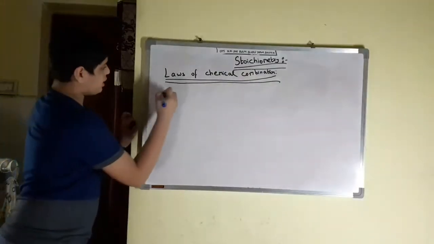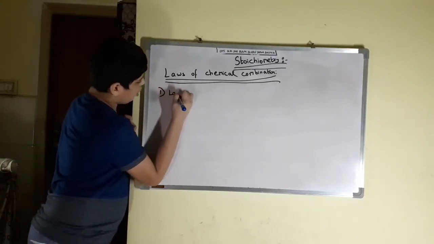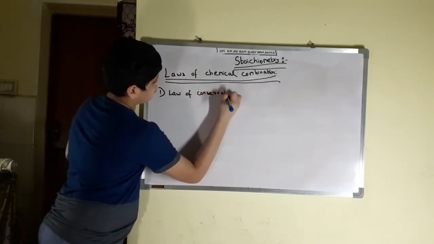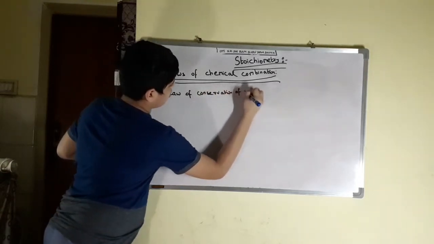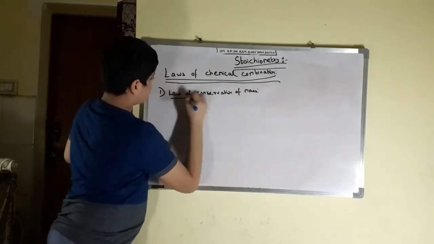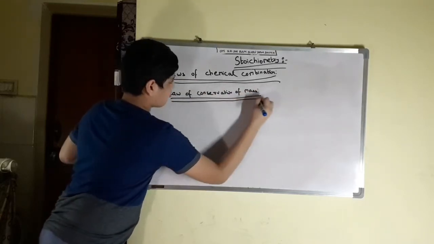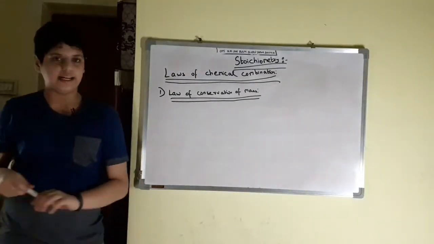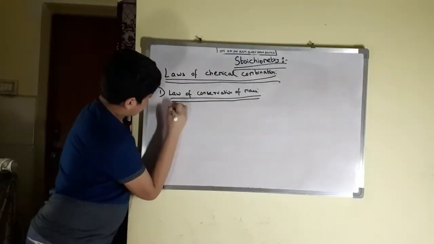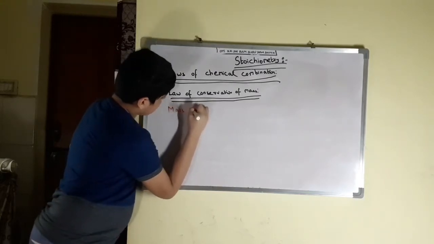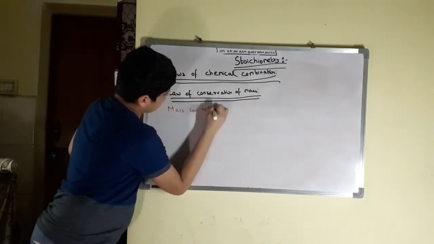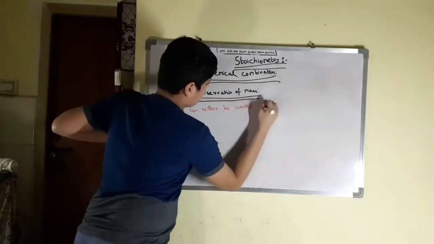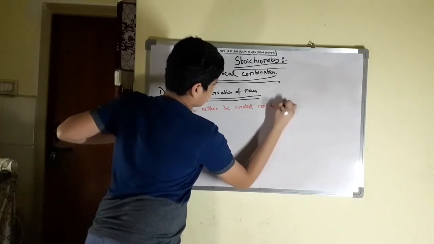So the first law is the law of conservation of mass. Okay, this was proposed by Lavoisier. So what does this law state? This law states that mass can neither be created nor destroyed.